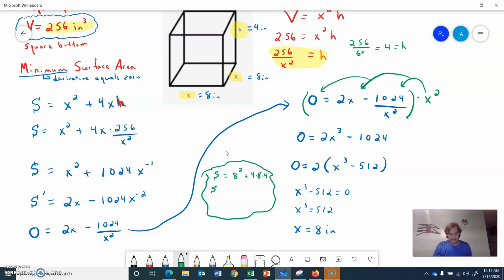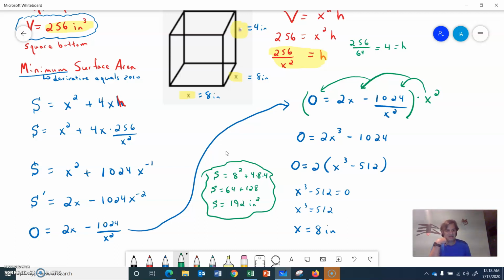So that surface area would be 64 plus 32 times 4, 128. So the minimum amount of material it would take to make this box would be 192 inches squared. So if we had that much material, we can make this open top box with a square bottom that would hold 256 inches cubed.